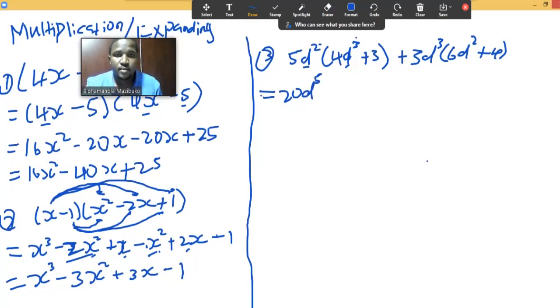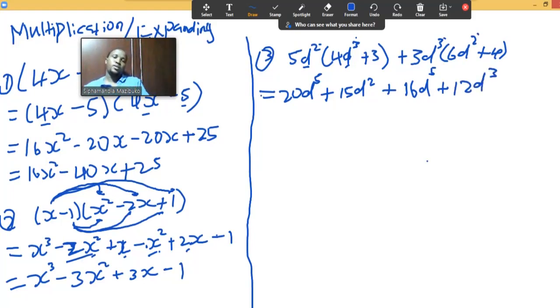And then we do the same thing, multiplying by 3. So 5 times 3 should give us plus 15d squared. Then we have plus 3 times 6, which should give us 18d to the power 5, because it's 3 plus 2, that gives us 5. All right, and then we have plus 3 times 4, that is plus 12d cubed.